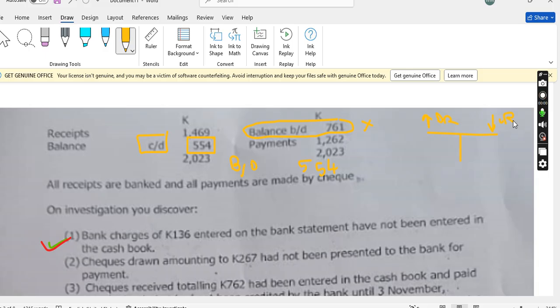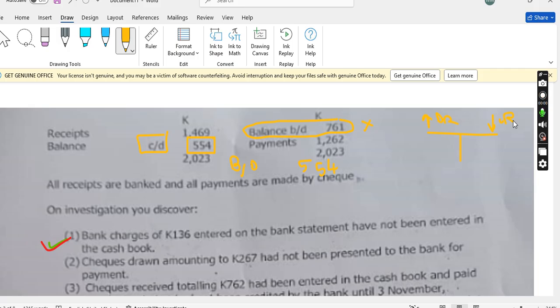Are we clear with that? All payments, or all money going out, you credit.